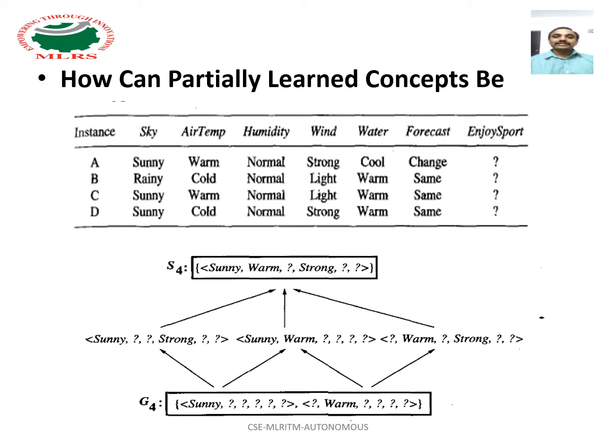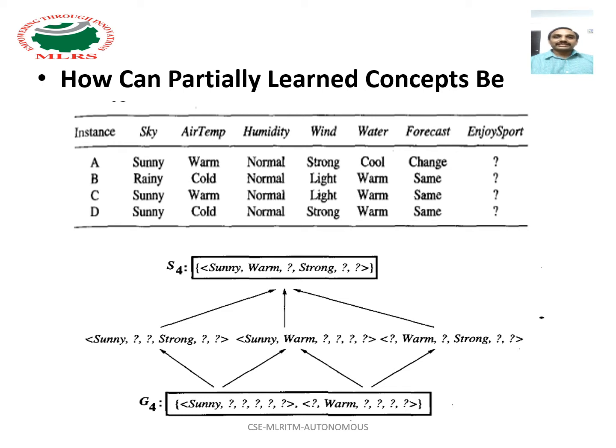Next is instance B. That instance B is compared with all 6 hypotheses. All 6 hypotheses give the negative result. That means those hypotheses do not cover instance B. So instance B is the negative one.